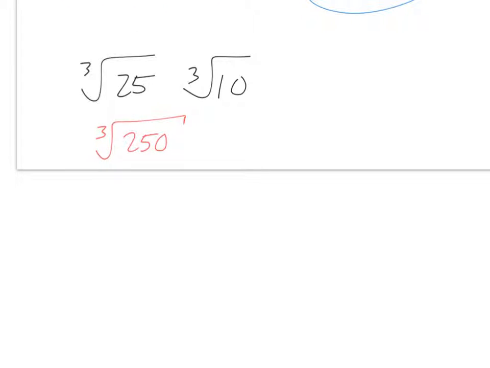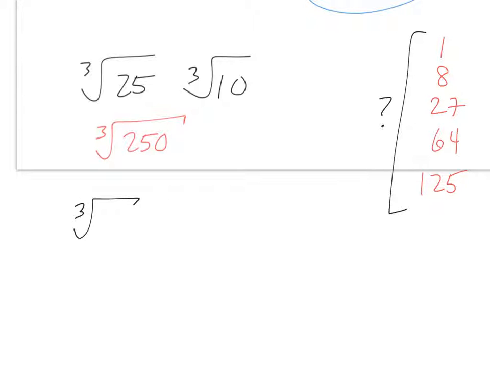So here's what you do. Put your cubes on the side if you need to. Write them over here, please. And you really only need to know the first 5. After that, you're not going to really do much with this. Just look at those 5 and ask yourself which of these 5 goes into 250. Because it's a cube root, we're looking at perfect cubes. And 125 goes into that.